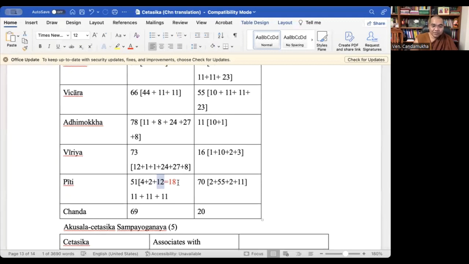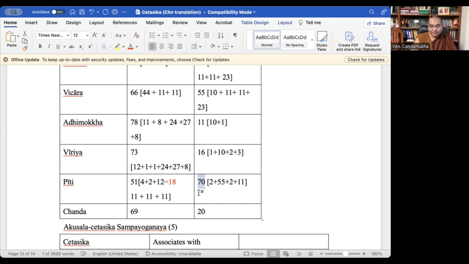That's why we can simply say 18 Kama Somanasa, and also first jhana somanasa 11, second jhana somanasa 11, and third jhana somanasa 11. Altogether we get 51 consciousness. In these 51 consciousness, the PD cetasika associates. PD cetasika does not associate with the 70 consciousness.